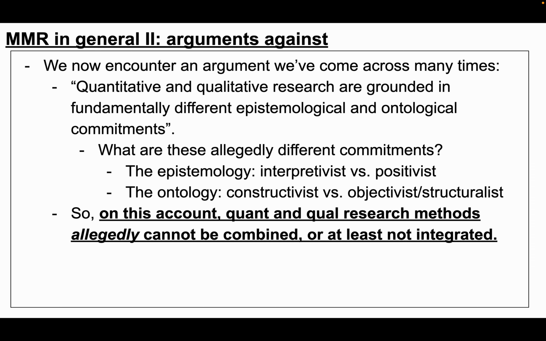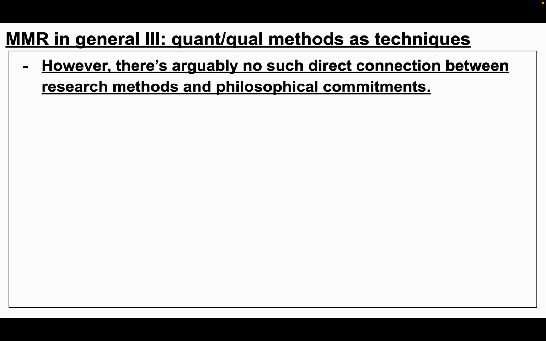overcome. But I want to caution against that and remind you that we've seen pretty strong arguments in this class for the idea that there is not such a direct connection between research methods and philosophical commitments. So it seems to be the case that people can, for instance, be constructivist ontologically. They might think that social life, generally speaking, isn't characterized by these hard, imposing rules that stand above people, but instead people have some amount of agency, and they might simply have questions about the association between education and income.